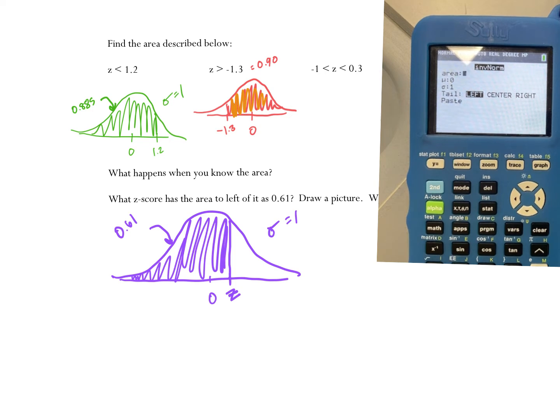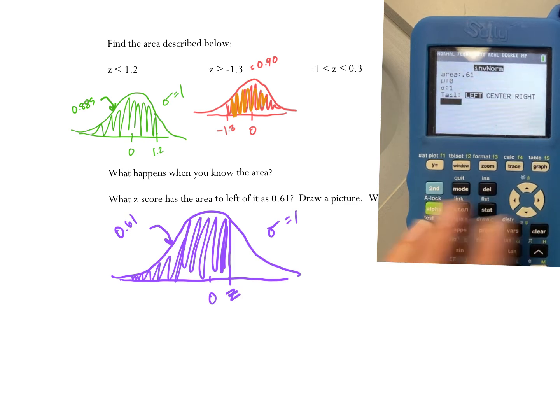Your calculator just automatically does the left. Okay. So the area we're going to give it in this case is 0.61 because that's the area I have shaded. And those of you that have that left, center, right, which area do we have shaded right now? So we want to make sure the left is highlighted. And we go down, we hit paste.